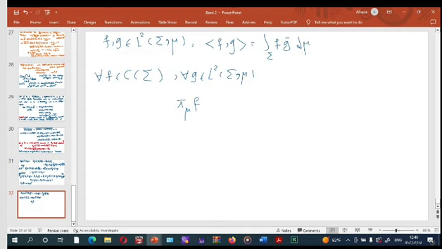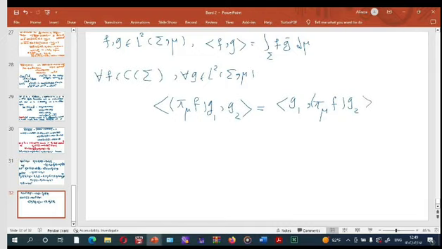Of g, or we can write g1 and g2, if we consider this, it is equal to, by the definition of adjoint, g1 and P mu of f of g2.